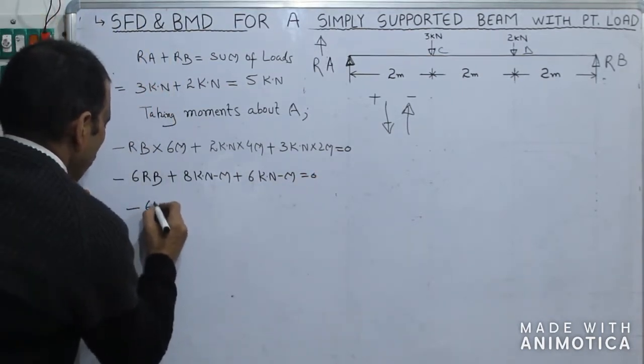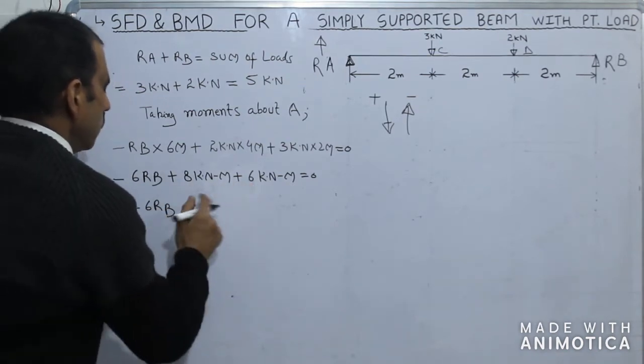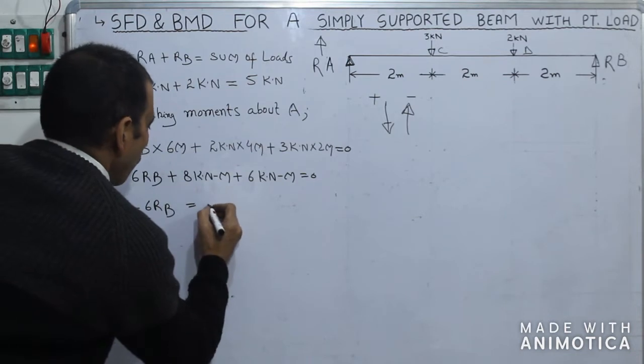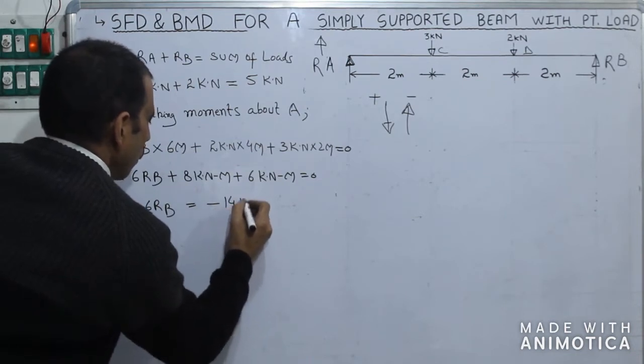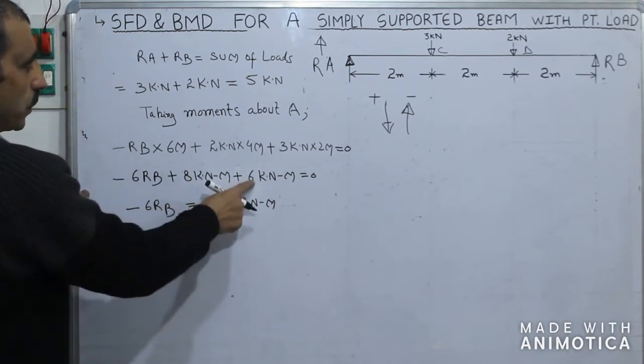Minus 6 RB is equivalent to minus 14 kilonewton meter, because 8 plus 6 is 14.